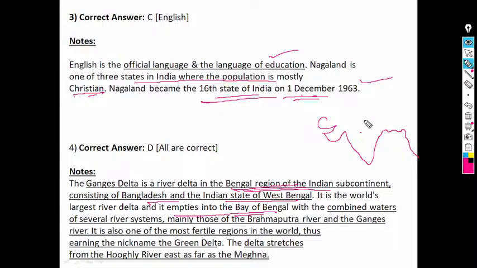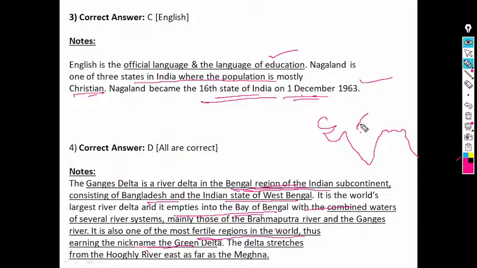It is formed by the combined waters of the Brahmaputra river and the Ganges river. It is one of the most fertile regions in the world, thus earning the nickname of Green Delta.